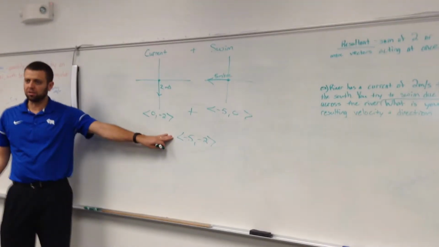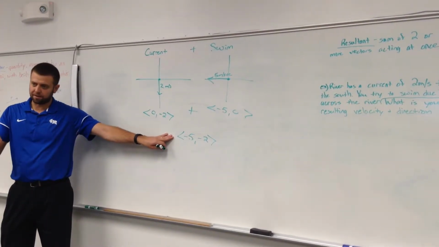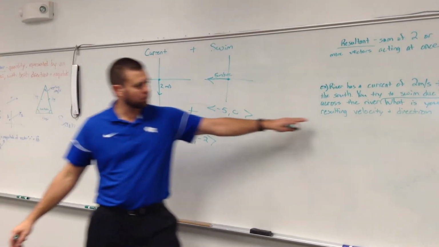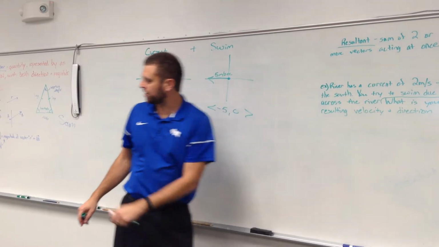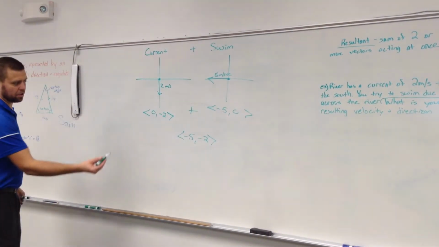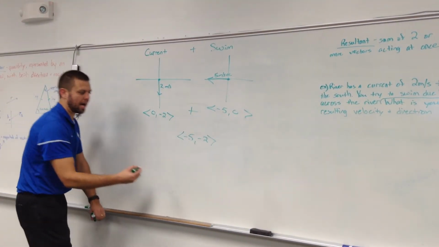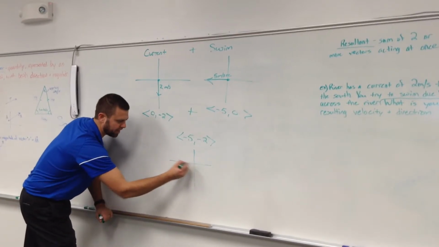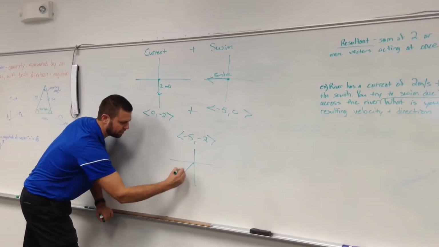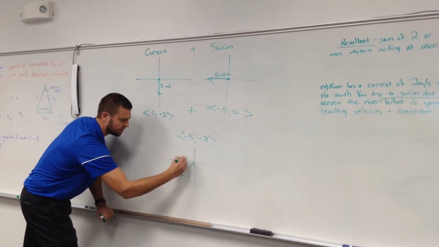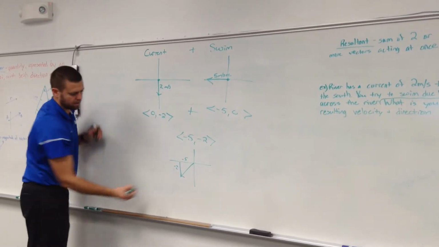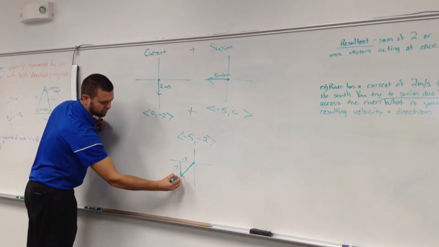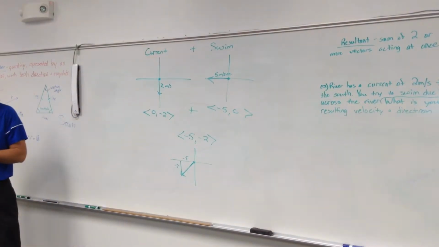This is my resultant as an ordered pair, as an x and a y. But I want a resulting velocity and direction. So I'm just going to take this xy, draw the picture, negative 5, negative 2. Find my magnitude using Pythagorean's theorem.